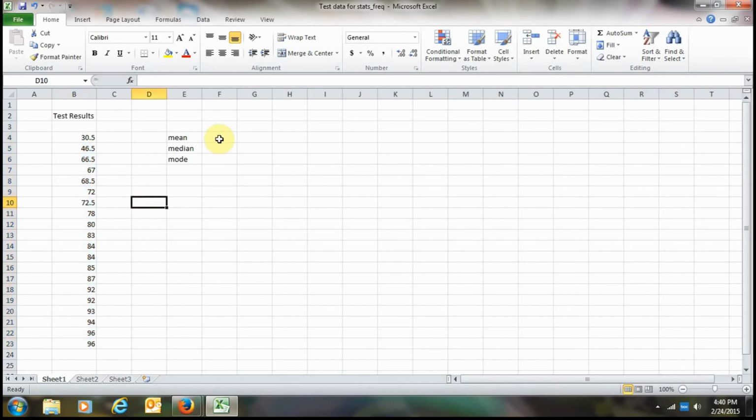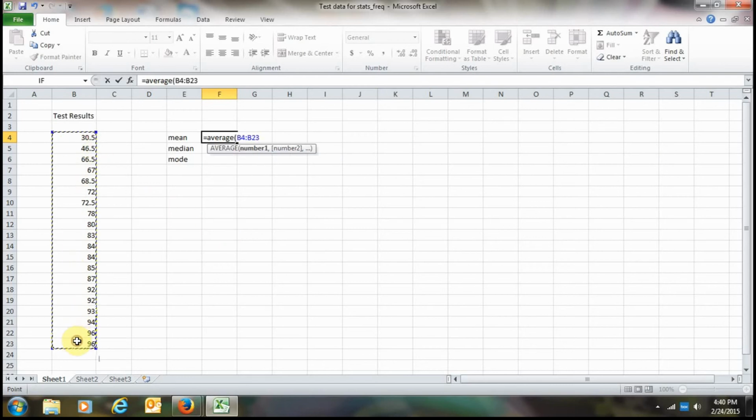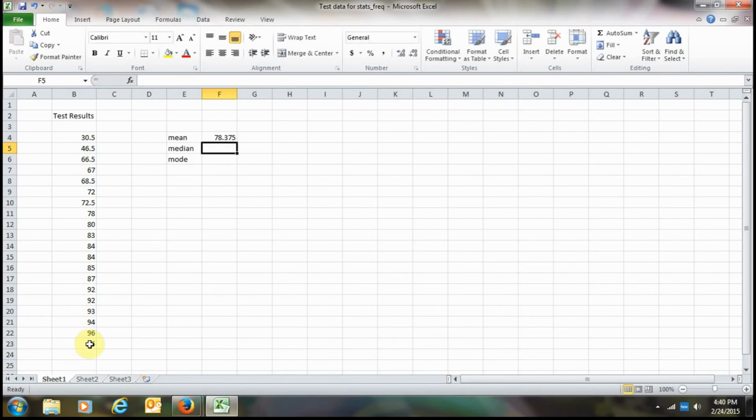Now I'm going to find these values for the mean, median, and mode by typing equals. Because mean is an average, if we type in equals average, open the parentheses, highlight the data, then close the parentheses, it will find the average, which is 78.375.